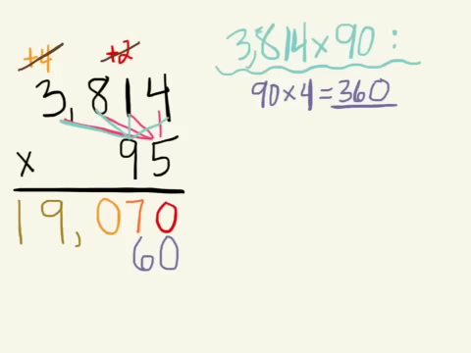That way I know that I can ignore it from now on, but I don't erase it and I don't completely scratch it out, because if I make a mistake, I want to be able to go back and see what I did so I can figure out where I went wrong and fix it. So just a simple diagonal line. That way I can now spill over my 3 into the next place, and there's room for that spillage.